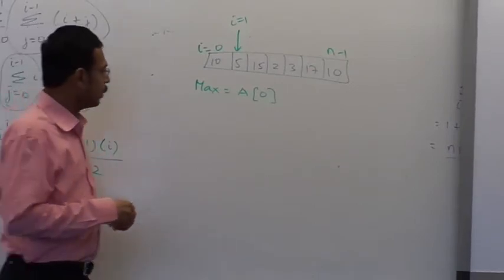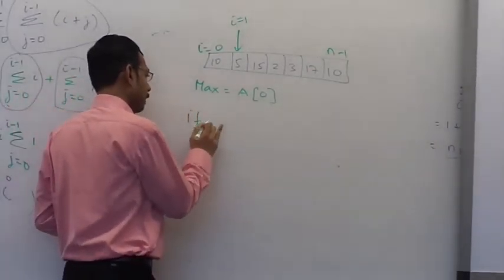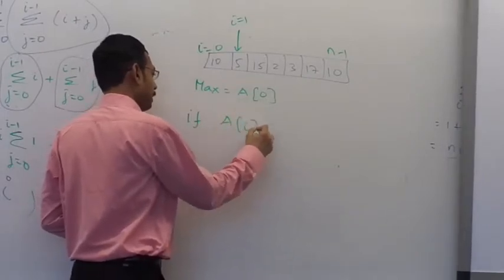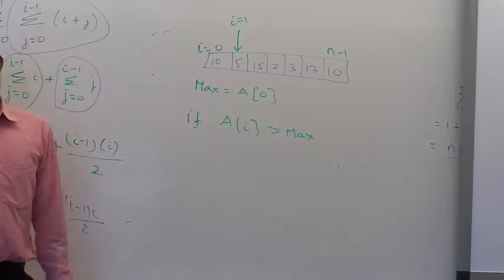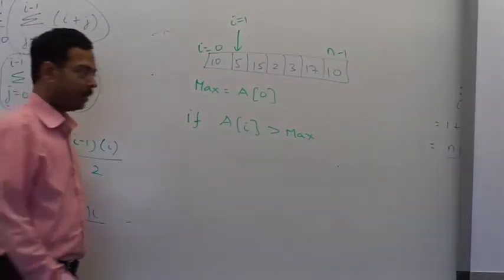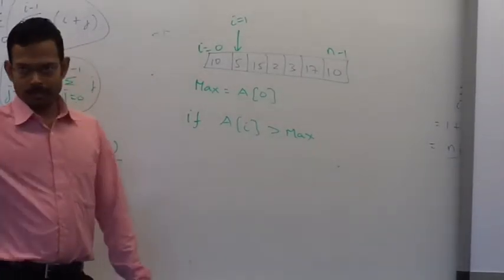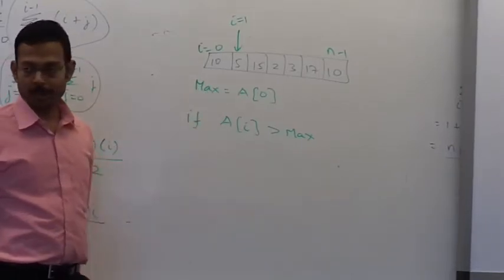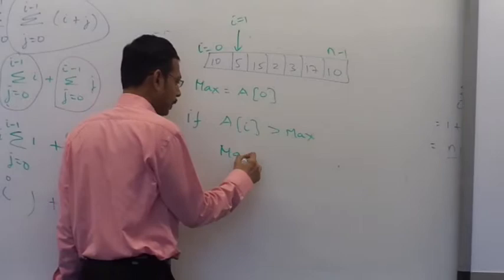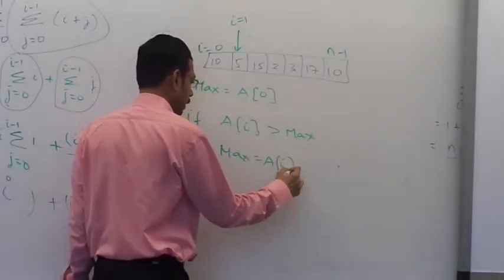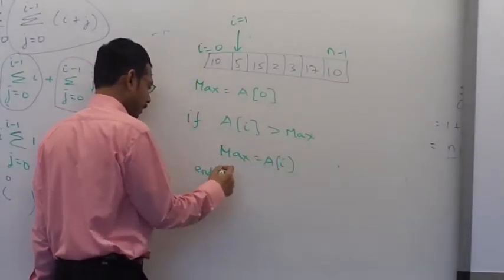So you check if A of i is greater than the current maximum. If A of i is greater than the current maximum, which means that some other element is greater than the current estimate of your maximum, then you set your maximum to be A of i. Otherwise, you just leave it as it is.